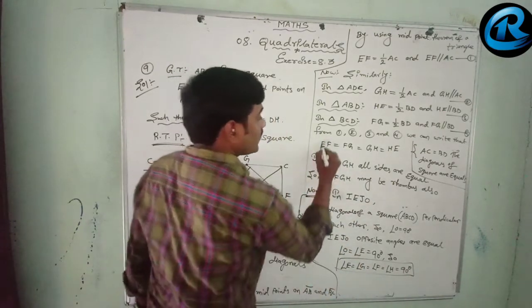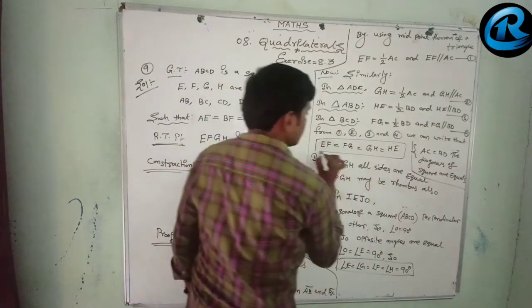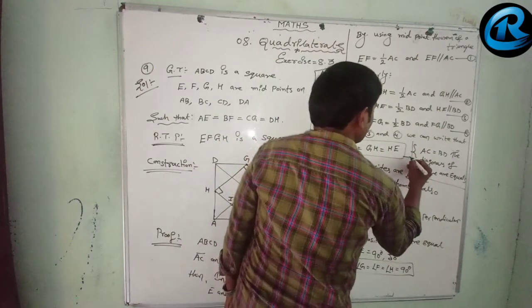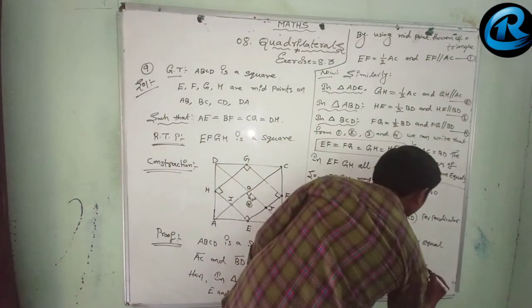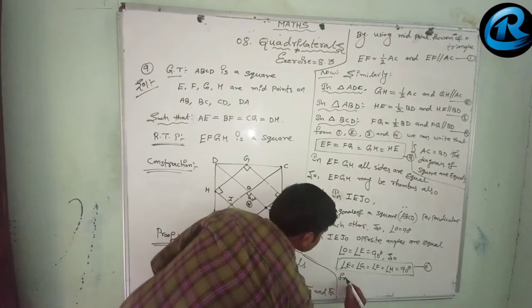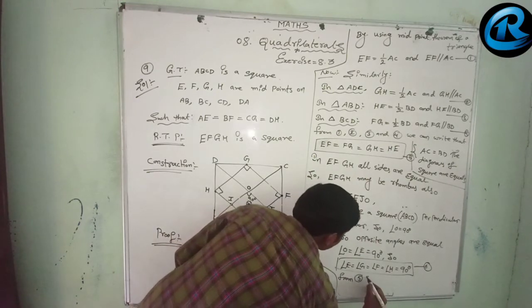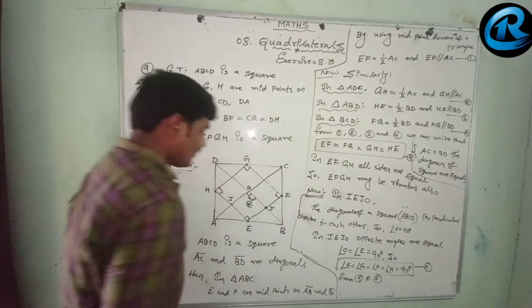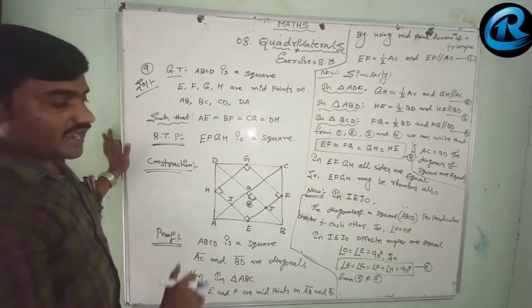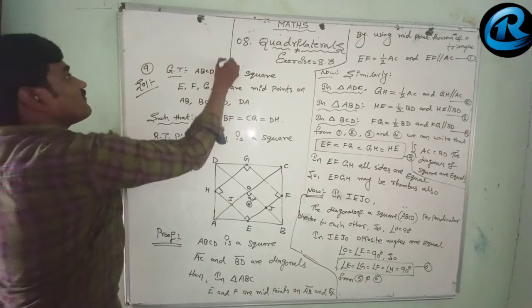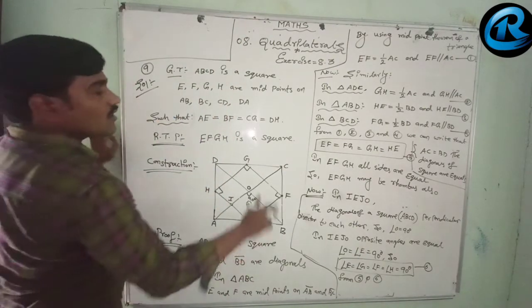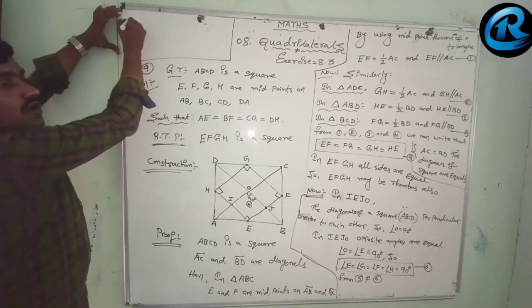Now already we got equation number 5 and equation number 6. From 5 and 6, what can we write? See, from 5 and 6 all sides are equal.